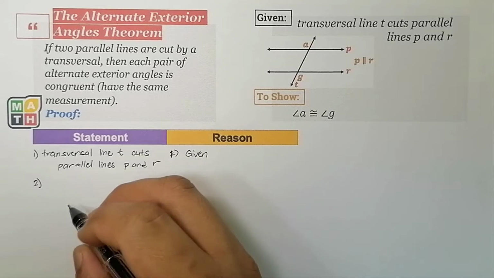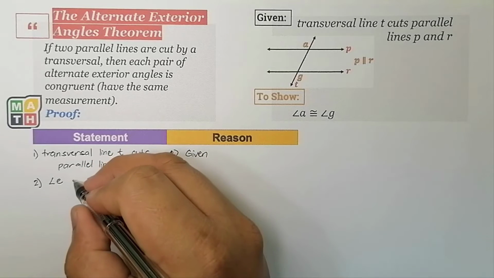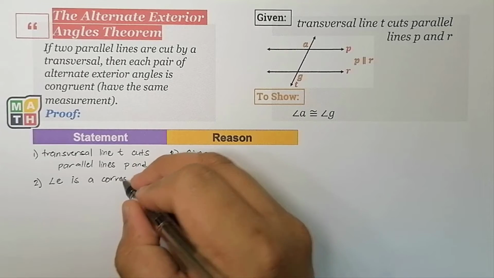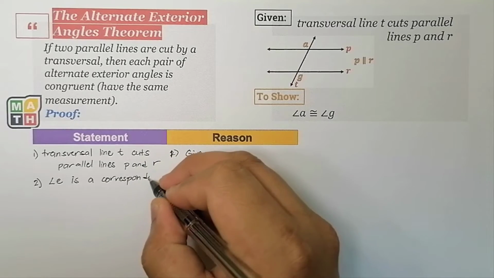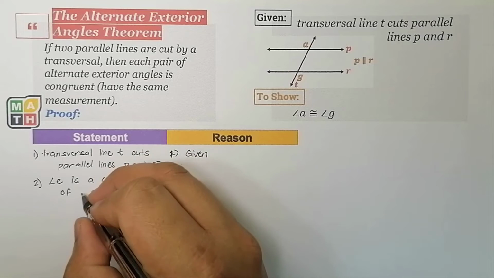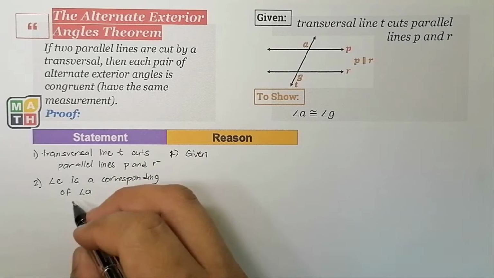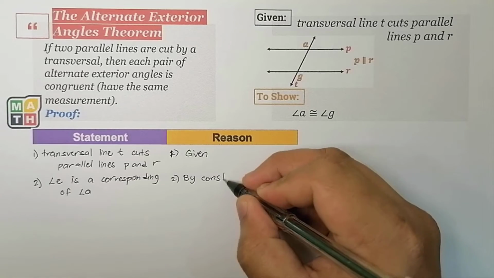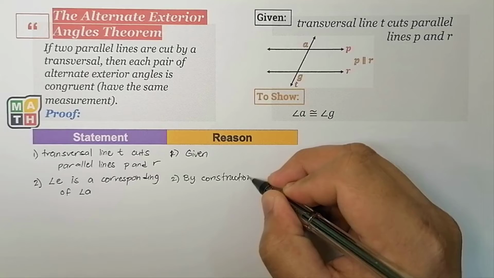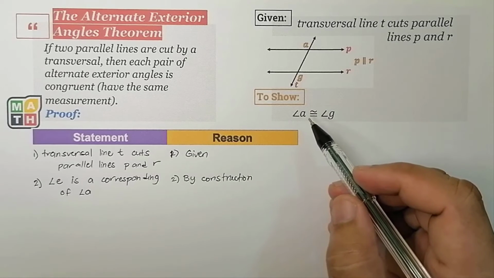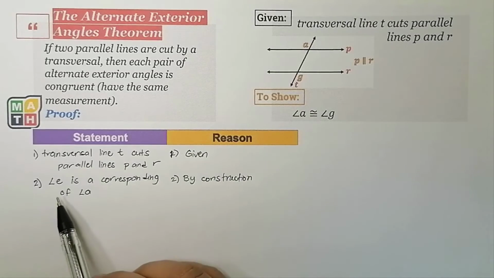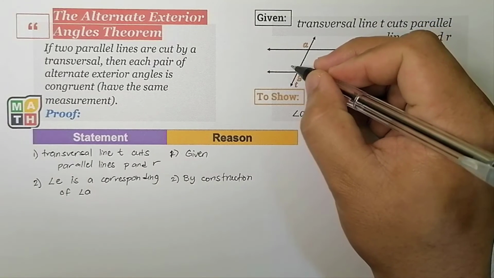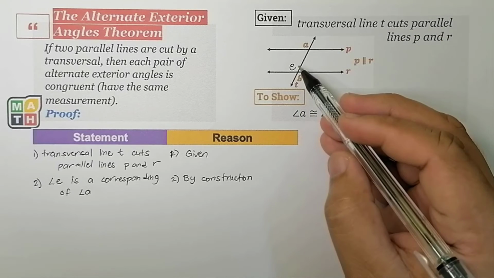I'm talking about adding an angle E that is a corresponding angle of angle A. We are going to construct or add this angle so that we could look at the relationships of the intended angles later on. No worries, this will not harm our proof since we are just going to name a specific angle here to be angle E.